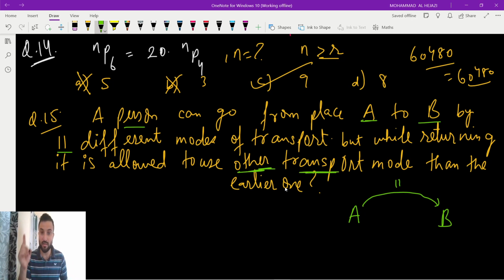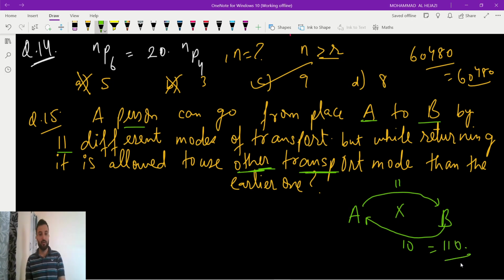So the earlier one by which he went, he cannot use while coming back. Means for coming it will become 10 transport modes. So 11 into 10 is 110. This type of sums we have already done before.